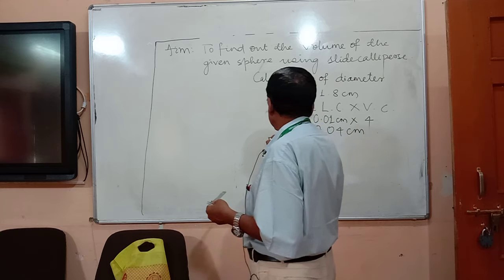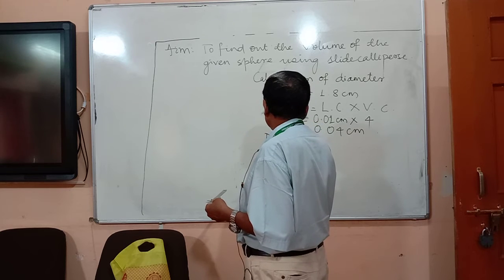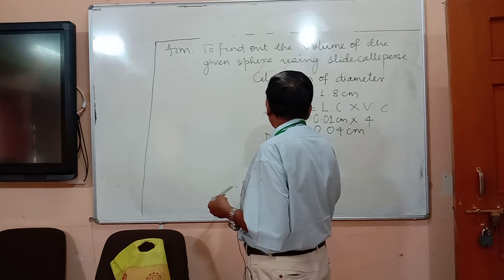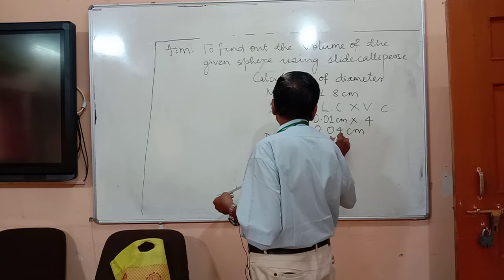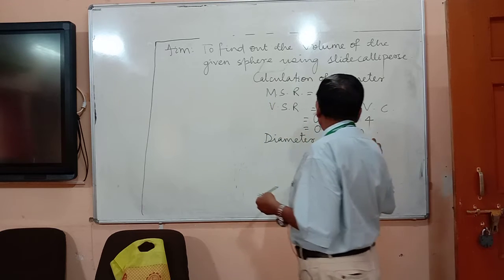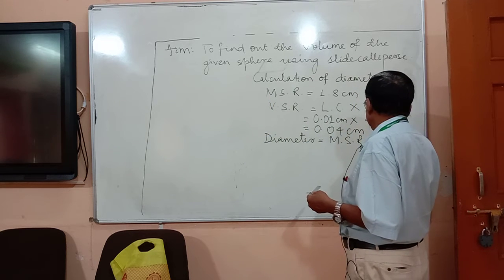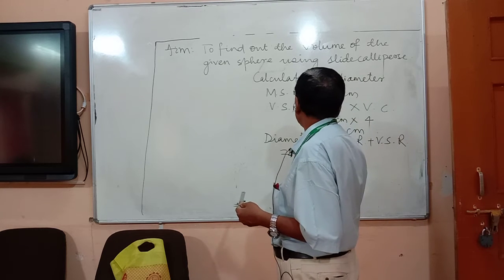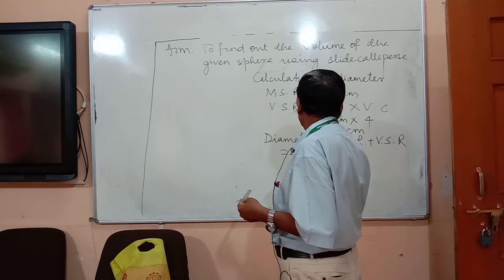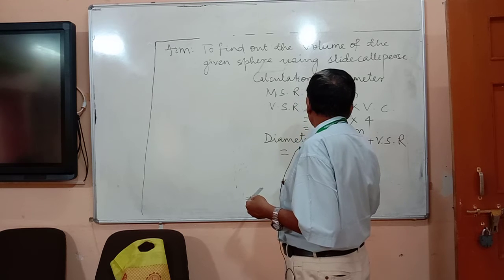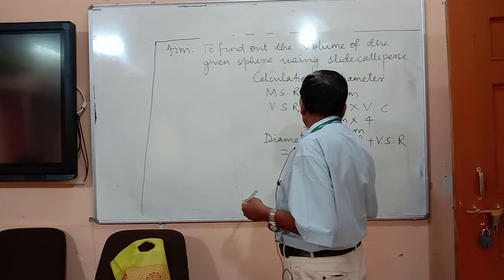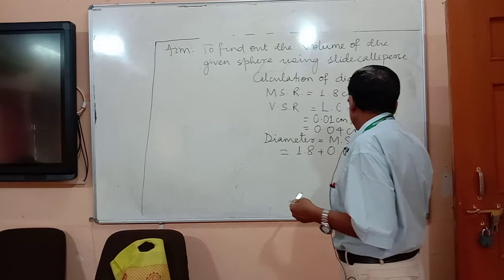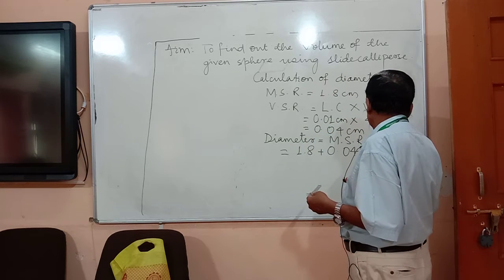So what is the diameter? Diameter is equal to MSR plus VSR, main scale reading plus vernier scale reading. That is equal to 1.8 plus 0.04 centimeter, which is equal to 1.84 centimeter.